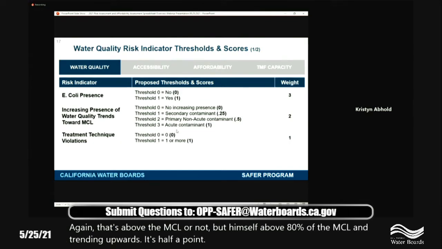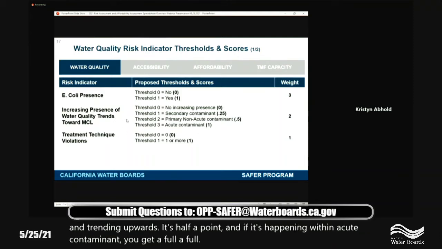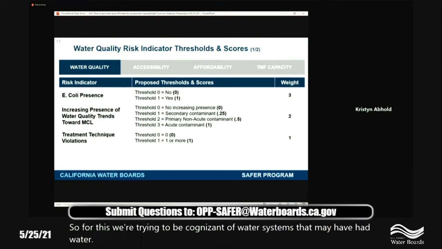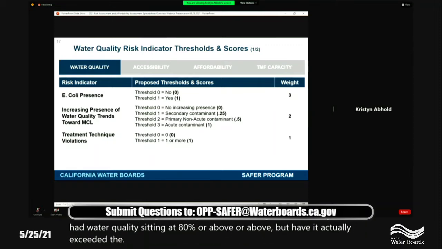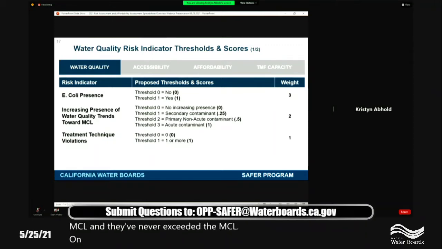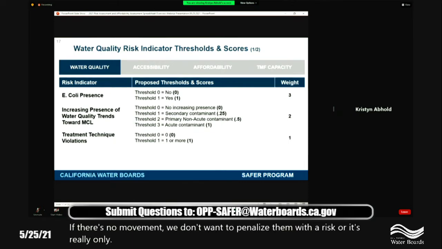And if it's happening with an acute contaminant, you get a full point. So for this, we're trying to be cognizant of water systems that may have had water quality sitting at 80% or above, but haven't actually exceeded the MCL, and they've never exceeded the MCL. If there's no movement, we don't want to penalize them with a risk score. It's really only if we start seeing that water quality decline that we would say that there's some risk there.